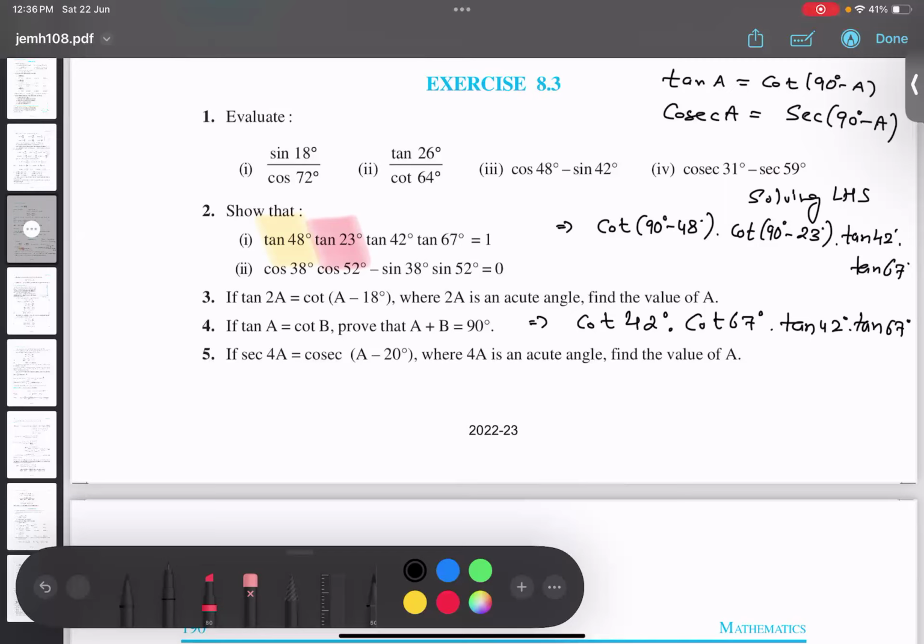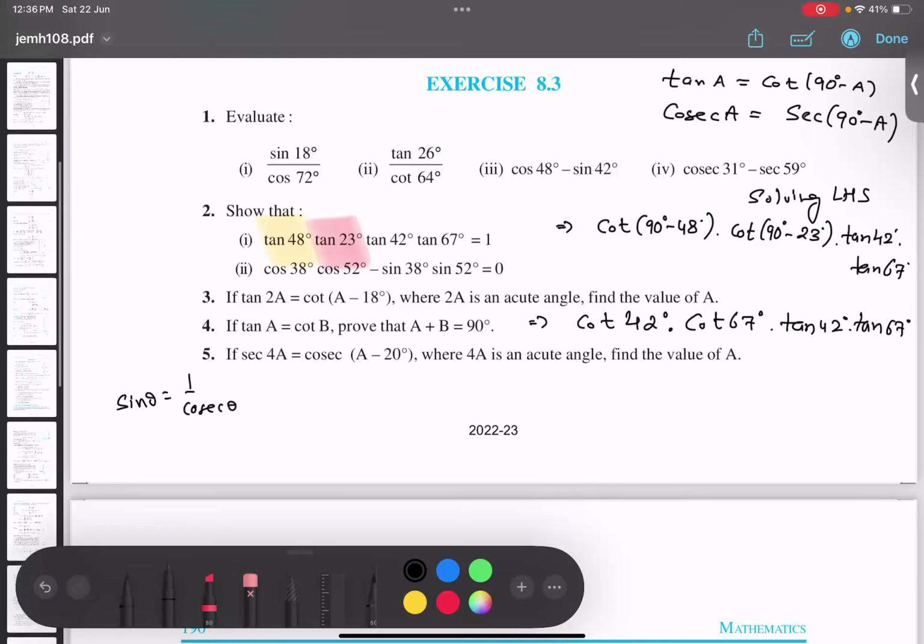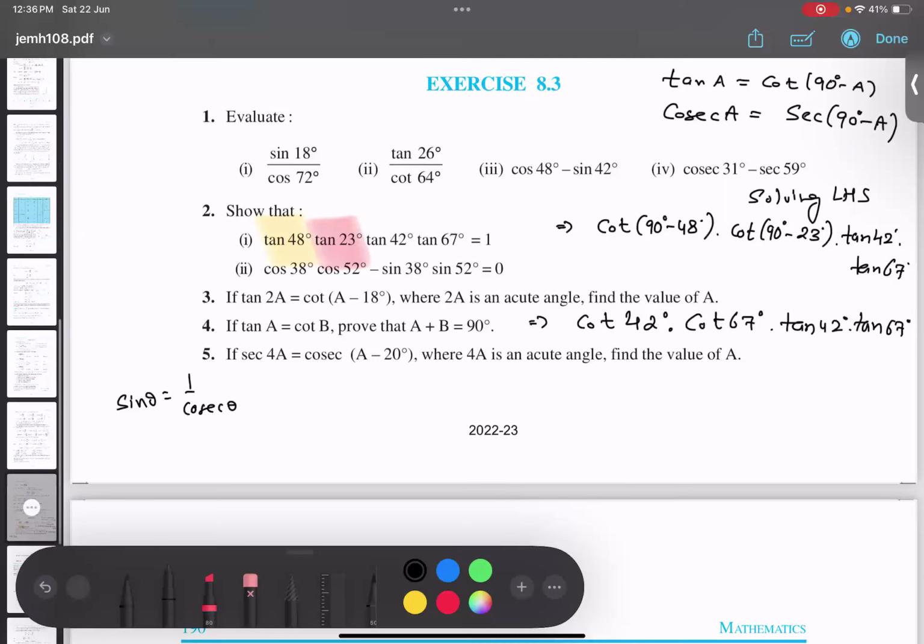Now, if you remember some first exercise rules, sine theta was equal to 1 upon cosec theta. Remember? Do you remember the rules or not? In a right angle triangle, sine theta is equal to P upon H. Yes or no?